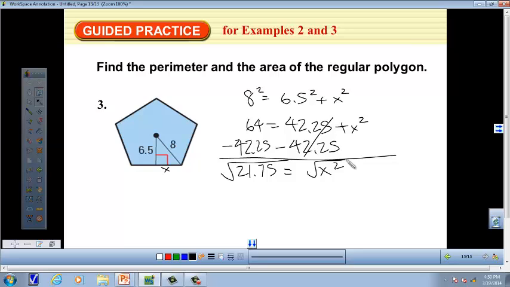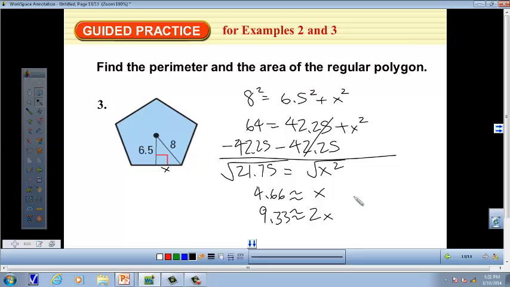And if we do that, we end up with x being approximately 4.66. We need to find the perimeter, so first of all we're going to find 2x. So we're going to multiply that answer times 2. We get approximately 9.33.